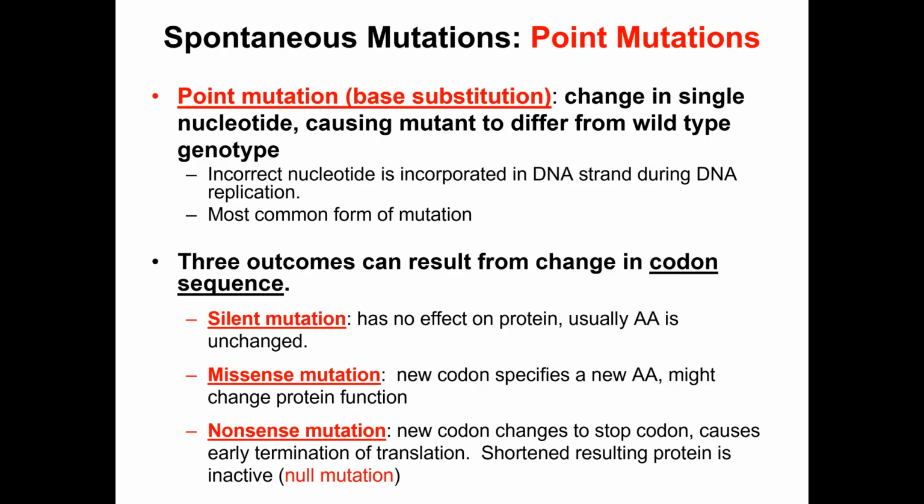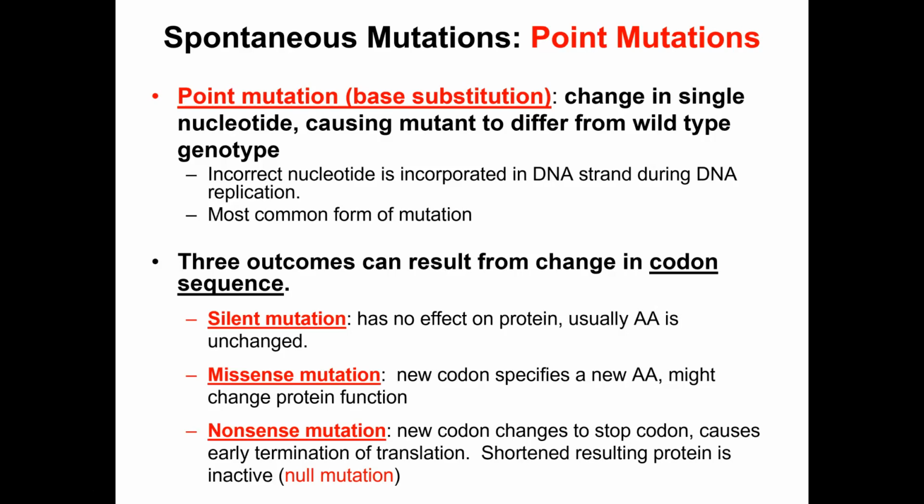If you change the codon sequence, but because the genetic code shows degeneracy and it's redundant, the amino acid does not change, that's a silent mutation, right? There's really no effect. Now, missense mutation.